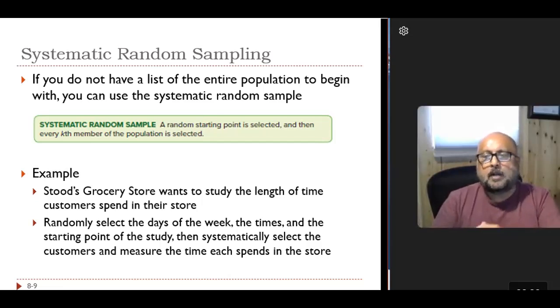So what do you get? You get the first pair of day and time. Let's say, for example, you got Tuesday to start your sampling process, and the time you got was 11 a.m.